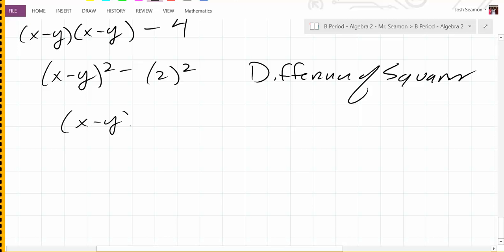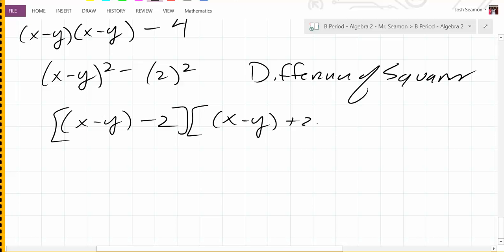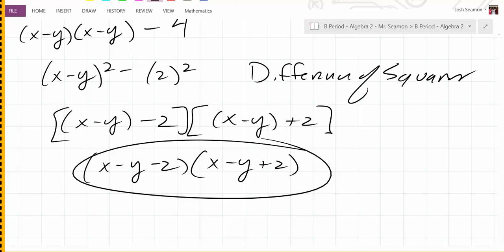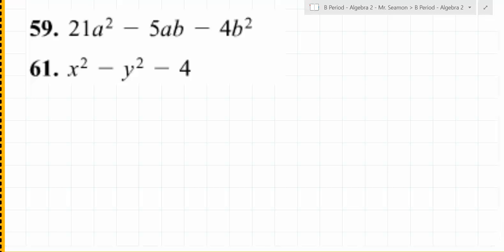X minus y minus 2 times x minus y plus 2. Now are there a few parentheses in there you can just drop? Yeah, you can turn it into x minus y minus 2 times what? There's actually a couple ways to factor this one, and you get things that look different. They're equal to the same thing, but it's the same level of factoring.